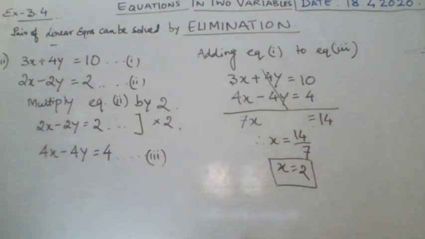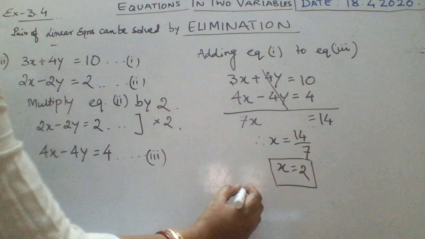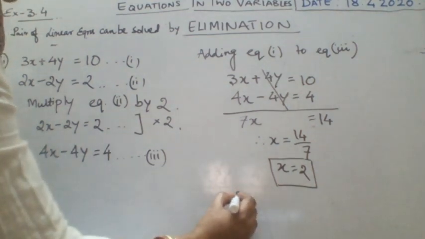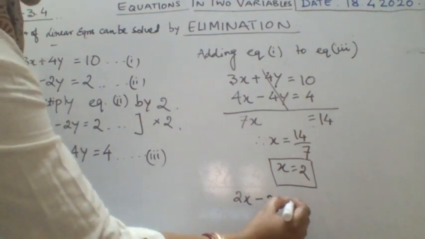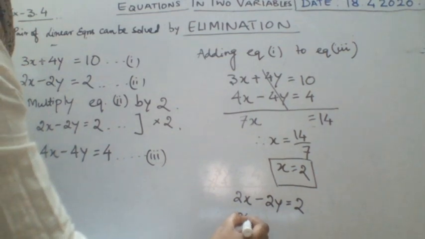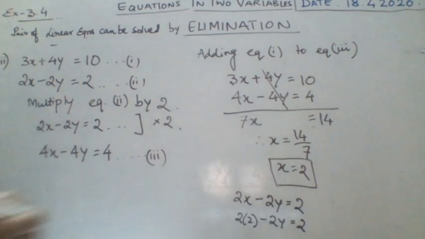With any one of the equations now, say if we take this, in order to get the value of y, you substitute in the other equation. This is your 2x minus 2y equal to 2. So you substitute 2 over here. 2 into 2 minus 2y equal to 2.